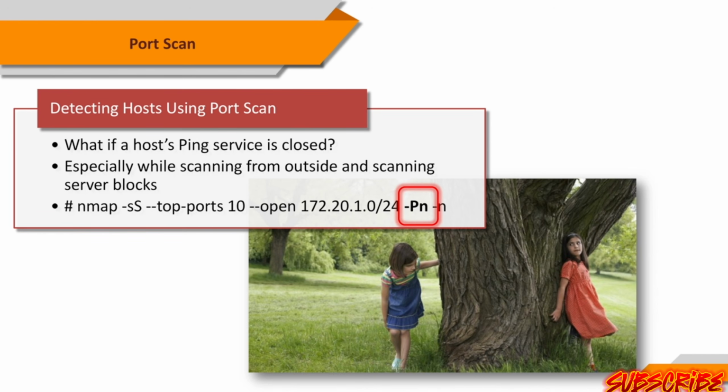As you know, if you're a privileged user, Nmap sends 4 types of packets to discover hosts: ICMP echo request, SYN packet to TCP 443 port, ACK packet to TCP 80 port, and ICMP timestamp request.